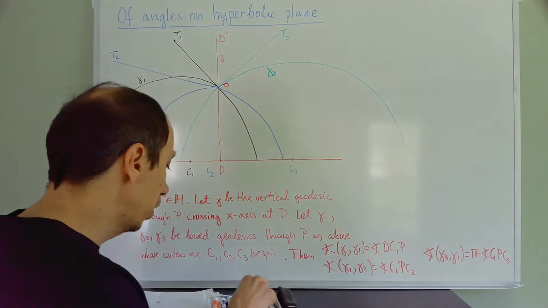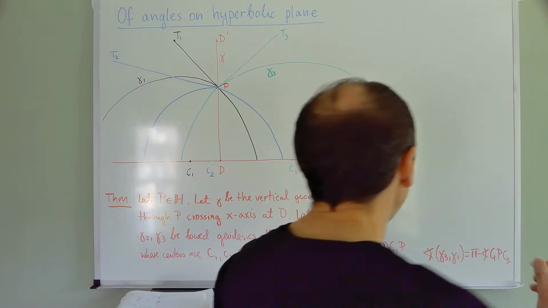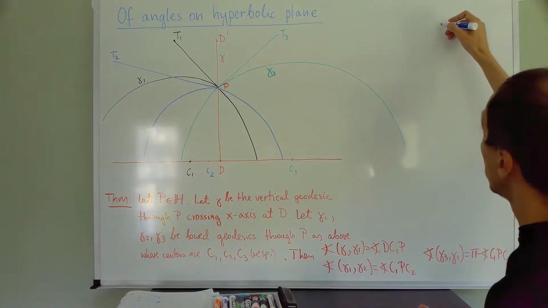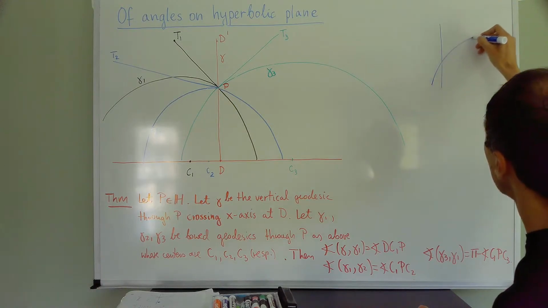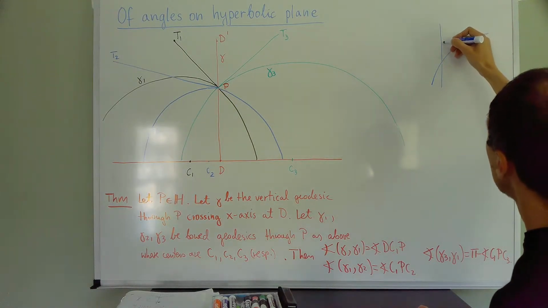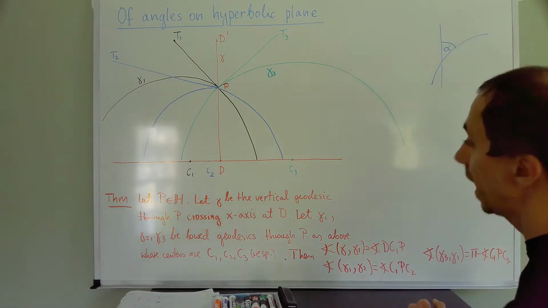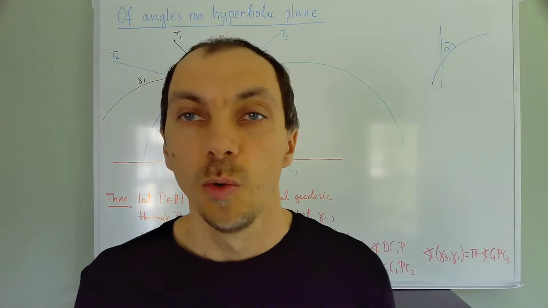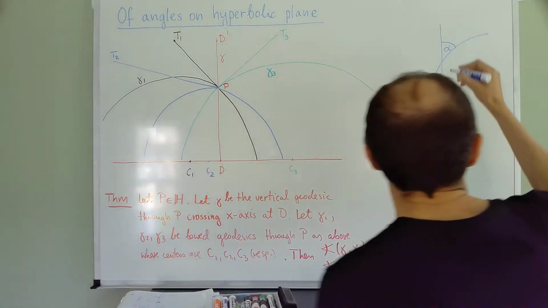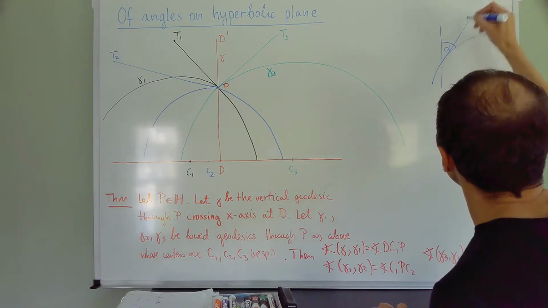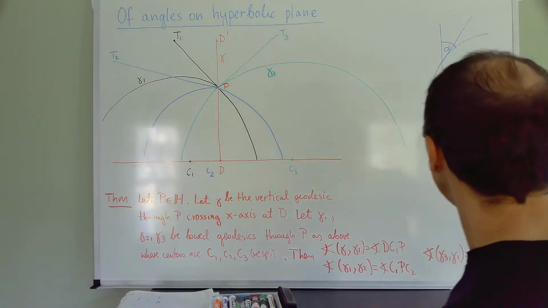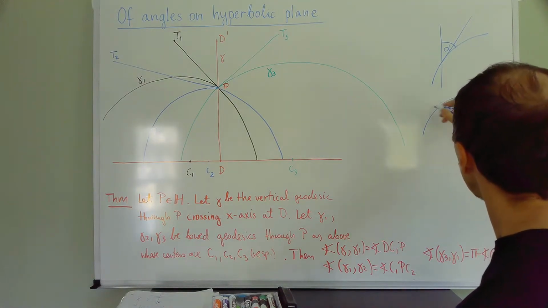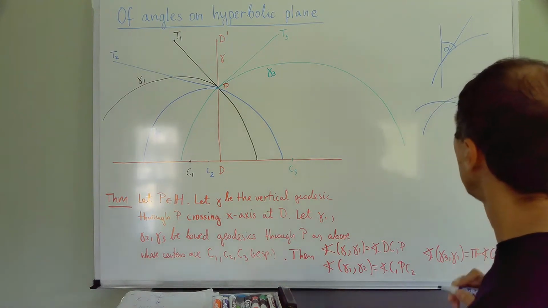Just to draw a picture of it, if I have a geodesic like this, a vertical one, and then another one that's part of a circle, you might ask, what's the hyperbolic angle between these two geodesics? Well, that's just the Euclidean angle that you get between the tangent lines. So the tangent line to this circle and this vertical line. Similarly with two arced, we call them bowed geodesics.